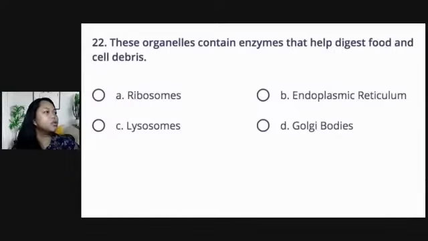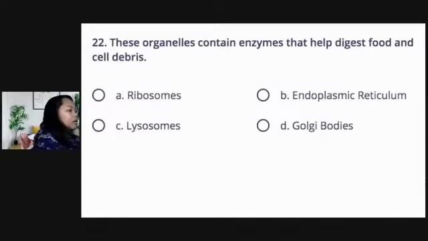Okay, number 22, C. Nakikita ko letter C. Okay, letter C, letter C. Aba, letter C, pretty sure, ha?